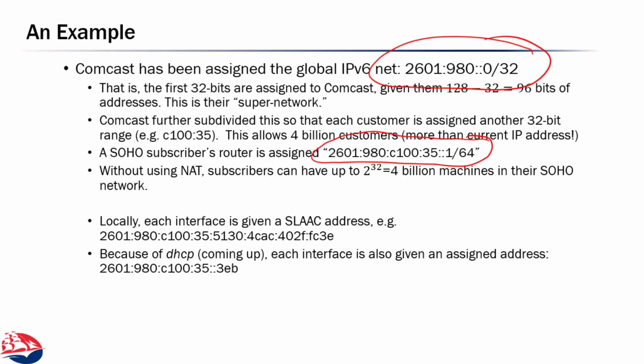Why is that not 32? Oh, yeah. They're reserving 32 bits for each customer. It allows them 4 billion customers, each with their own 64-bit subnet. I mean, that space is huge.